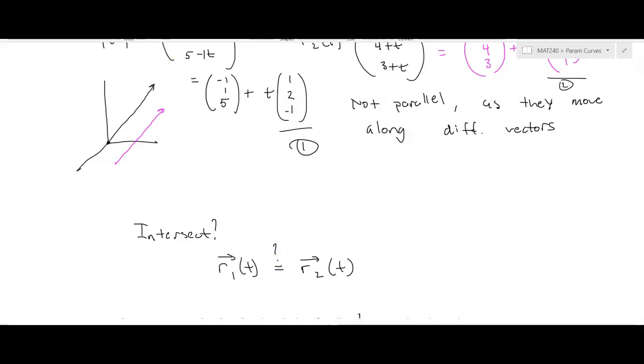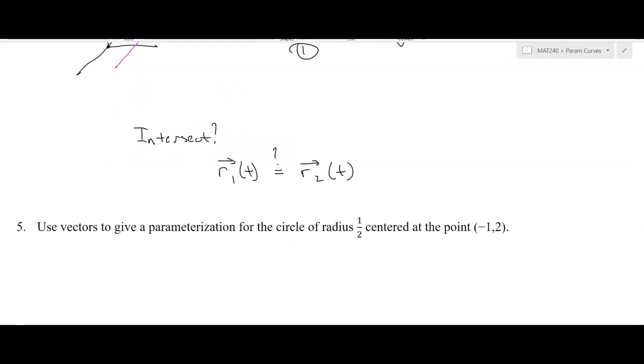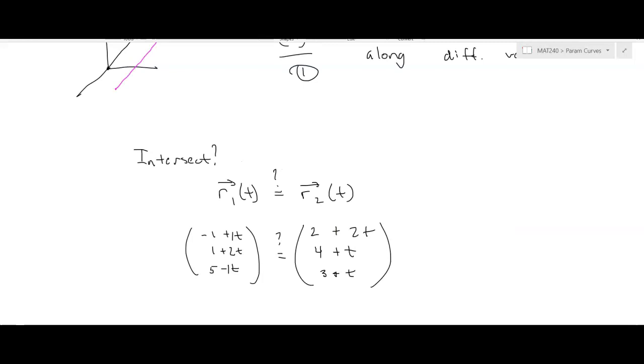Well, I could break this down further and say, if they do, then for the same value of time, all three components should be equal to each other. So in order to solve this, for the x components, when are they the same?